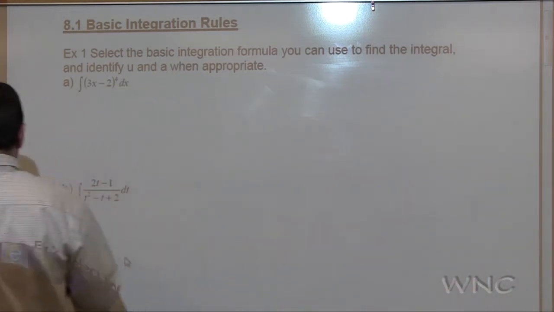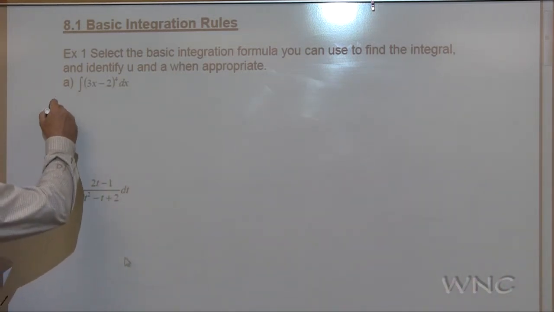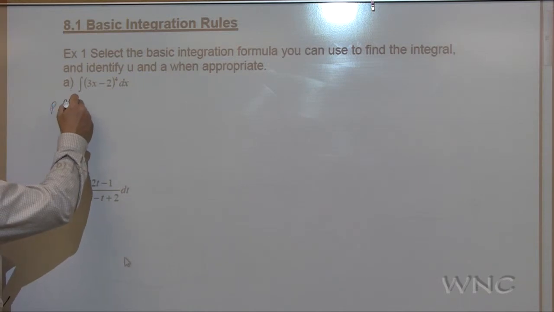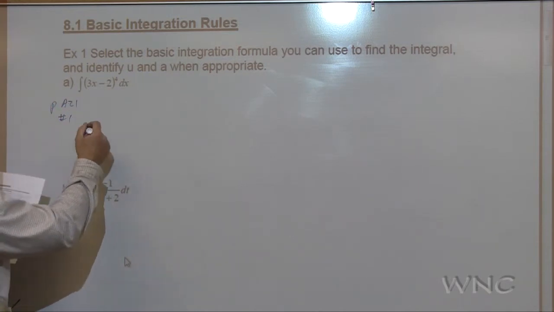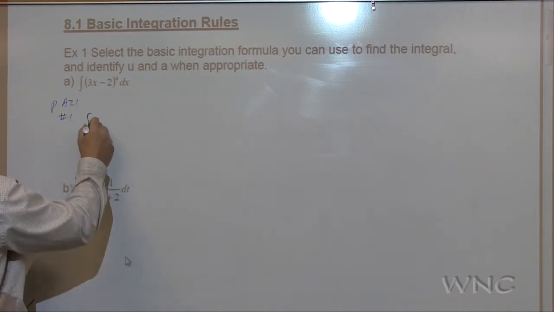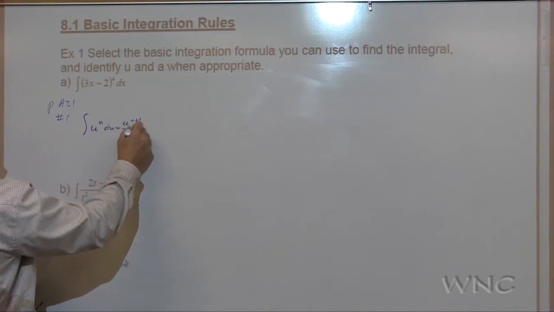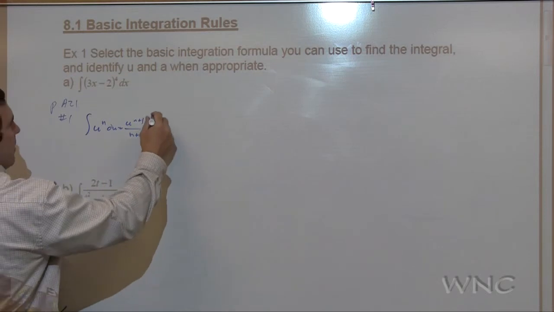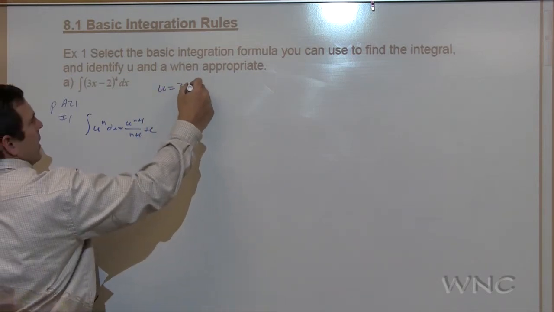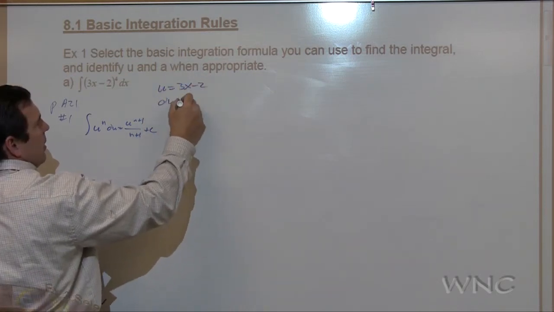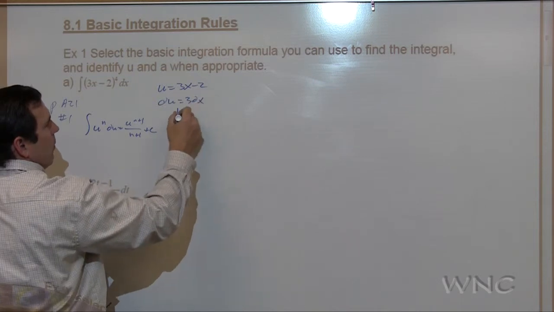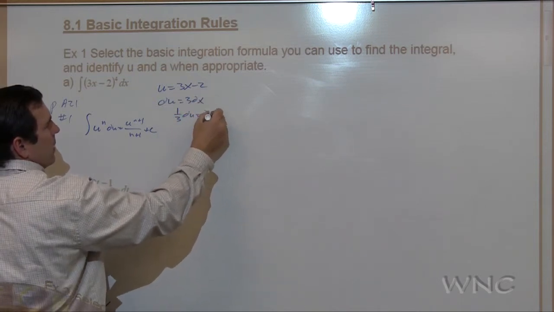So if we say we're using the page A21, number 1, the integral of u to the n du is u to the n plus 1 over n plus 1 plus c. So I'm going to say u is 3x minus 2, so du is 3dx, and 1/3 du equals dx.